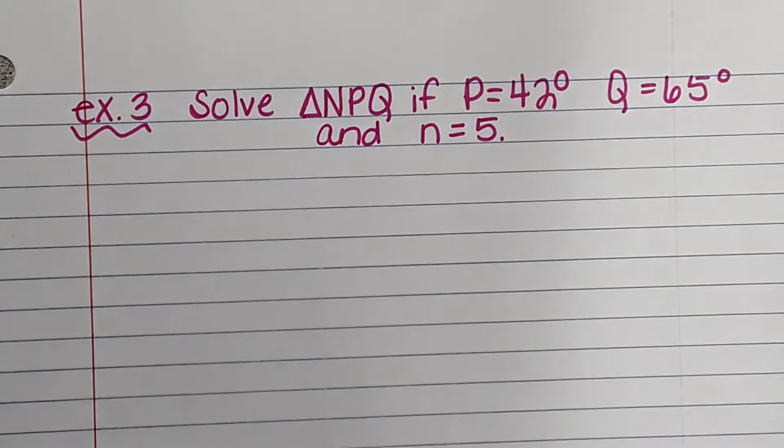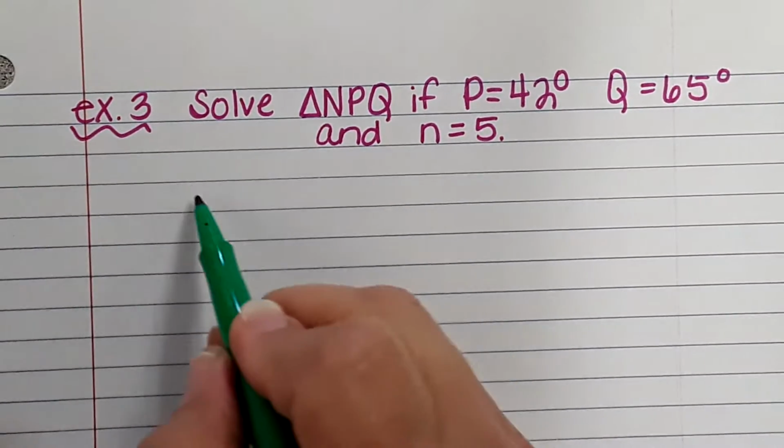So what we should do is draw a triangle. Again, just make sure your triangle is not a right triangle.